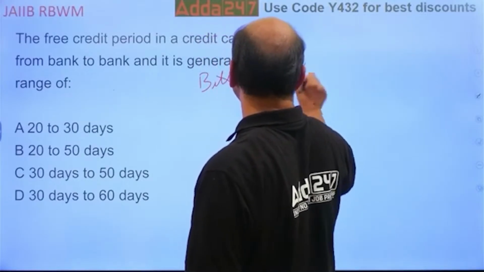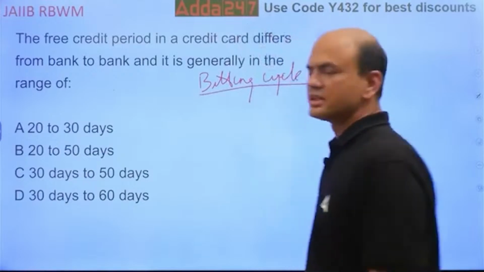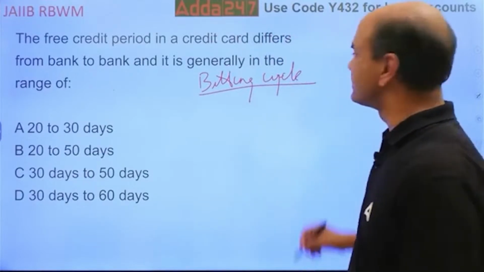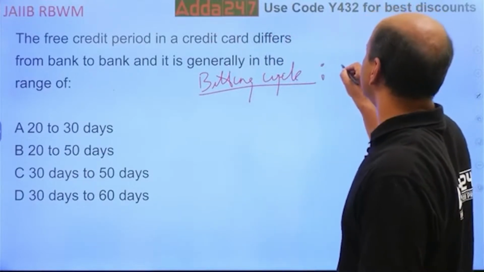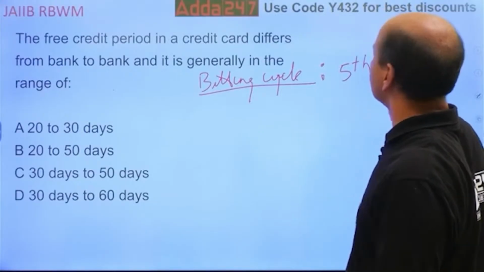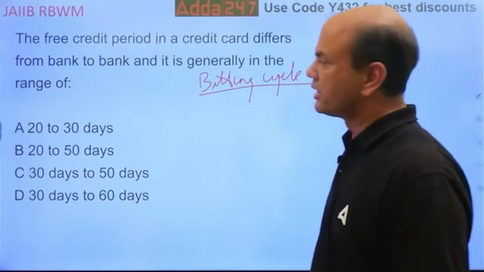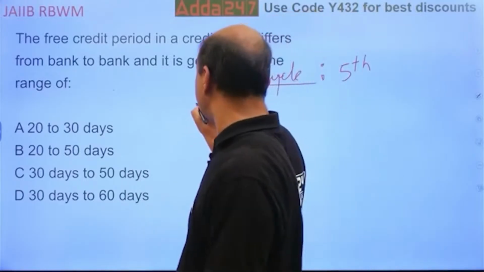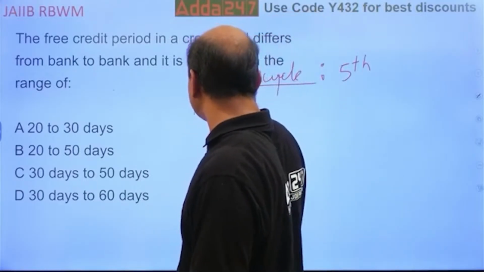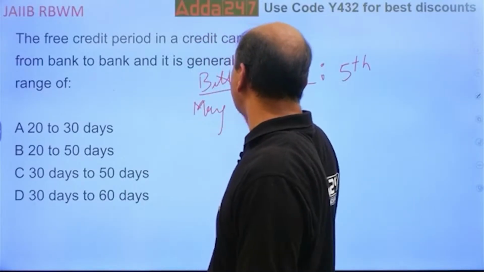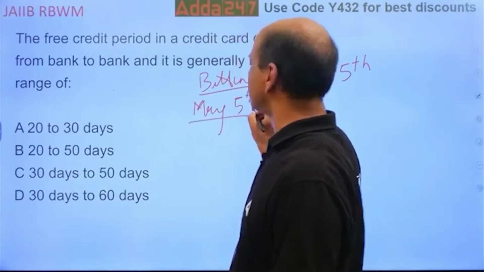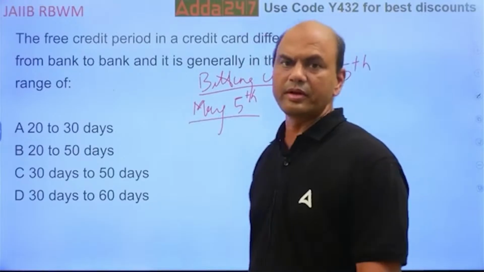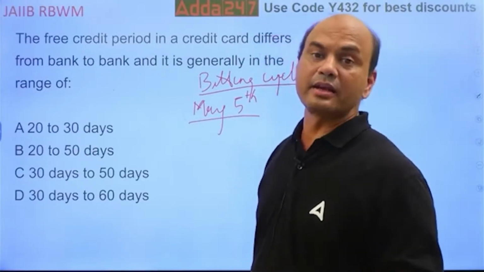Suppose, let's say, my billing date is the 5th of every month. Suppose the month today is May. May 5th, I'll have to pay the credit card bill on May 5th. Pay means what? My bill is generated on this.